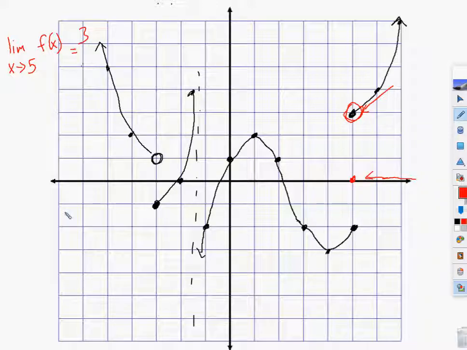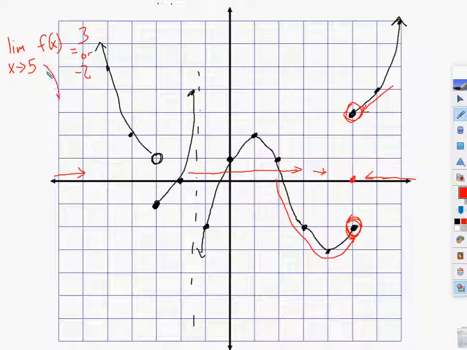So 3. But if I approach from this side, it looks like, see, I'm coming this way, that means my function is approaching this number, -2. So which is it?